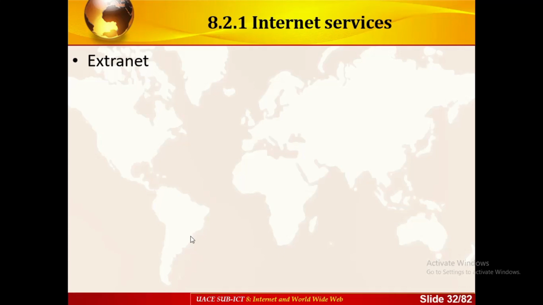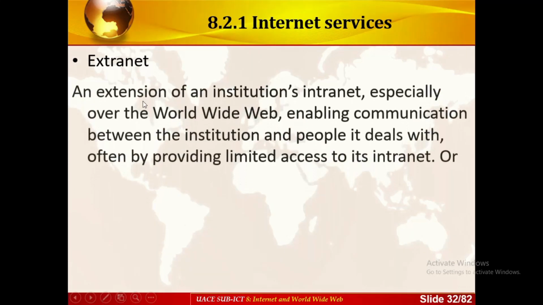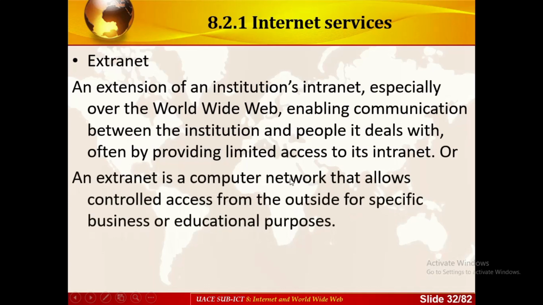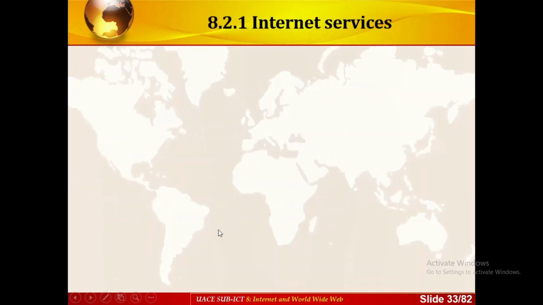Then we can talk of extranet, which is an extension of an institution's intranet, especially over the World Wide Web, enabling communication between the institution and the people it deals with, often by providing limited access to its intranet. Or you can say it is a computer network that allows controlled access from the outside for specific business or education purposes.